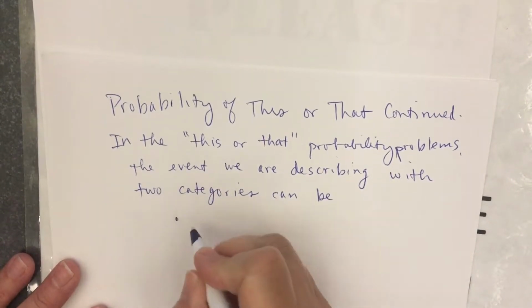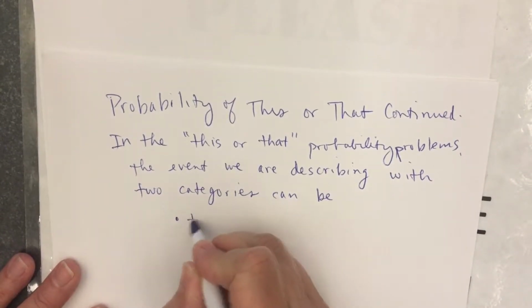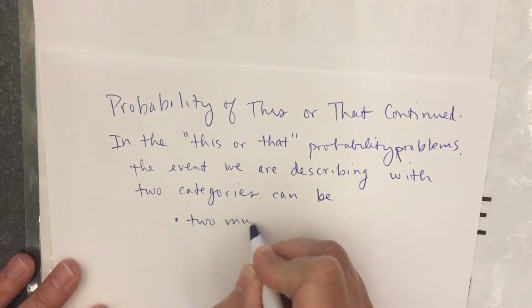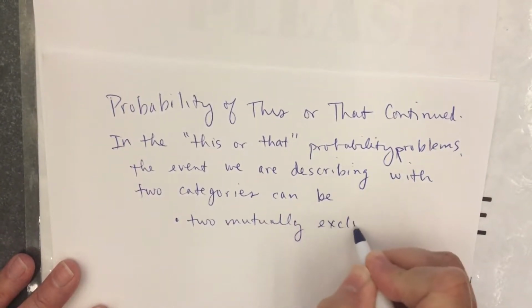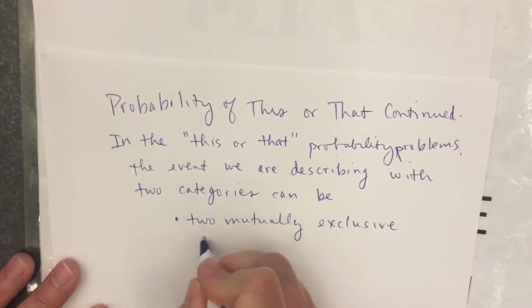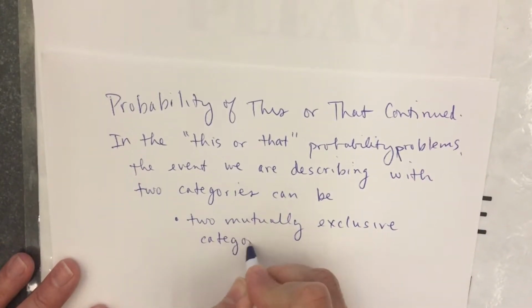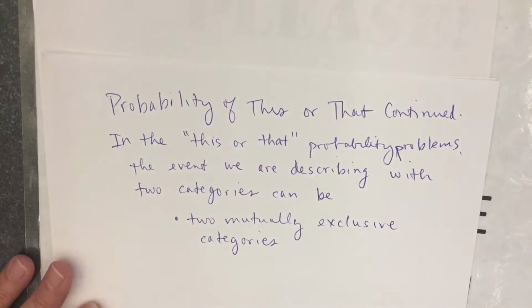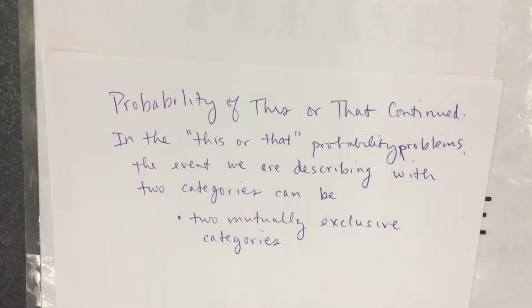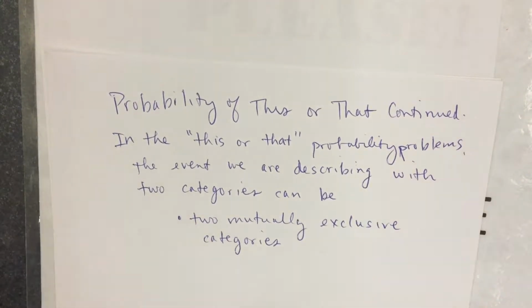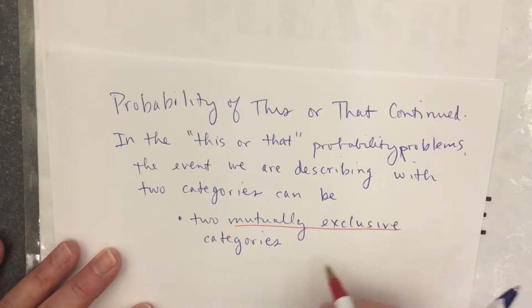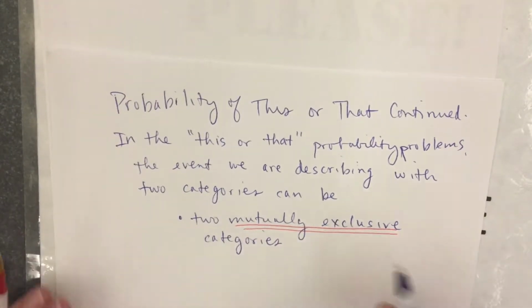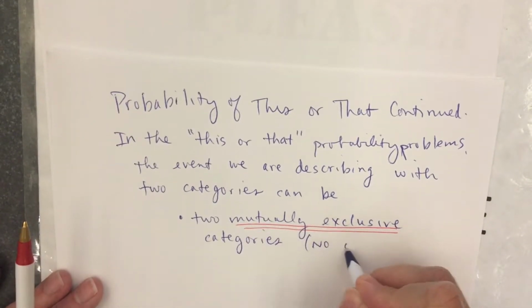It could be two mutually exclusive categories, which would mean there is no overlap. Mutually exclusive would mean no overlap.